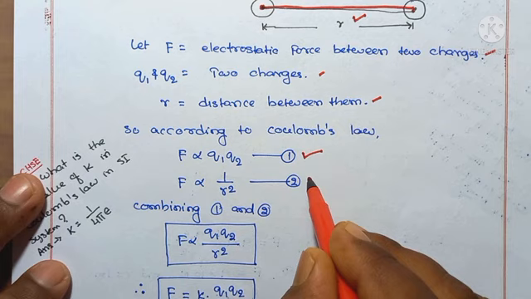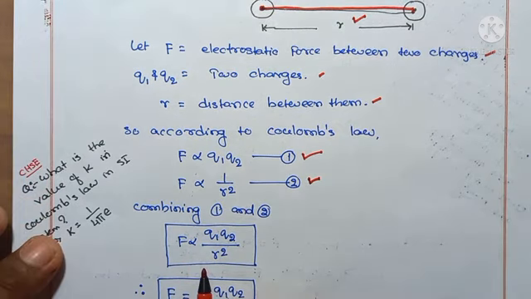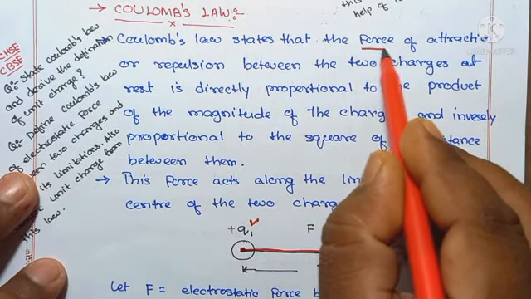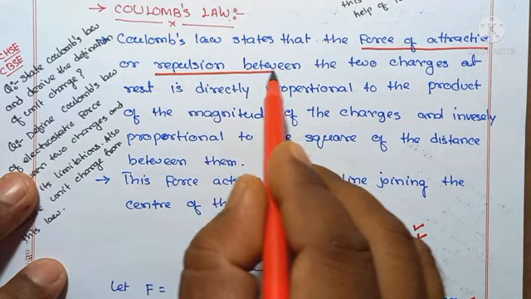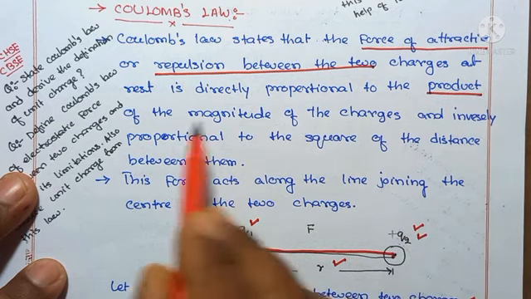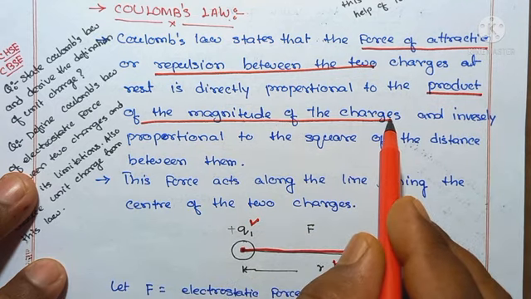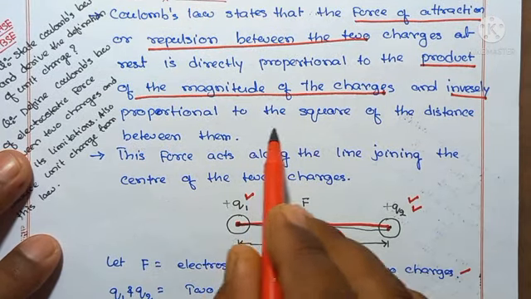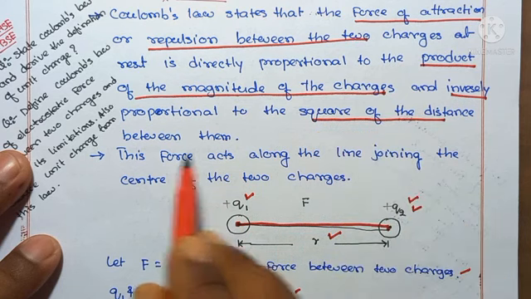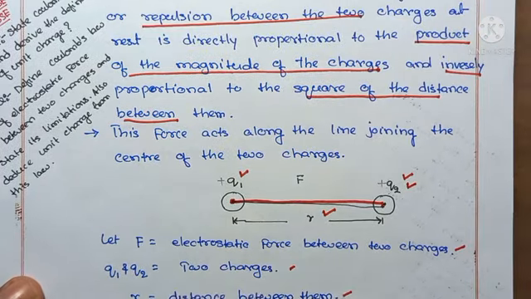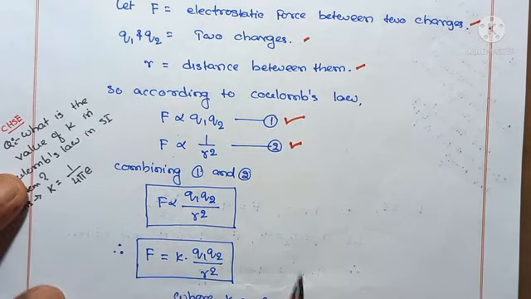Take this as equation number 2, because according to Coulomb's statement, the force of attraction or repulsion between two charges at rest is directly proportional to the product of the magnitude of the charges, and it is inversely proportional to the square of the distance between them. Okay? So according to this statement, F is proportional to Q1 Q2 and F is proportional to 1 by r square.